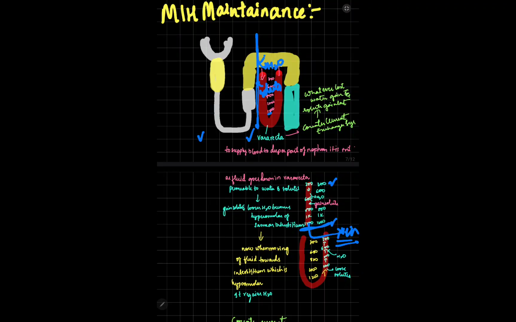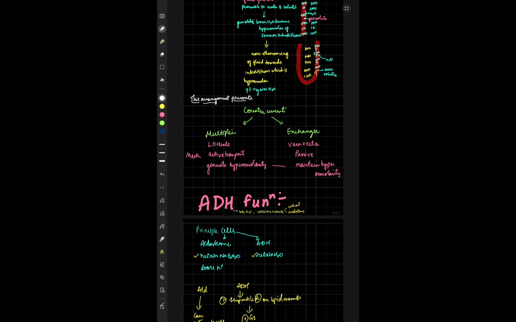But due to its arrangement in a hairpin bend, the water it is losing is again gained back, and the hyperosmolar medium is also maintained. So this is why the blood vessel is arranged in a hairpin bend called the vasa recta. This arrangement prevents washout of the medullary hyperosmolar interstitium by blood flow.